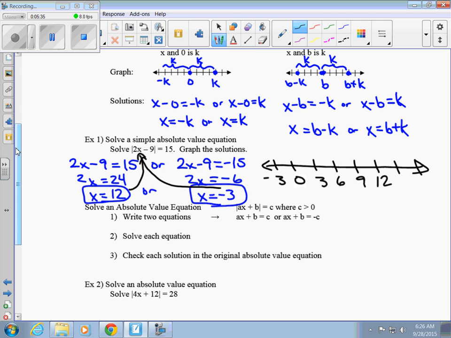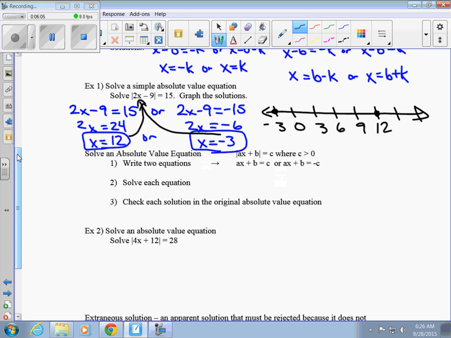When we're looking at this, we know that negative 3 is one of our solutions, and we know that 12 is another solution. So there is the graph of our solutions. Notice these are just 2 points now. Those 2 points are the solutions.